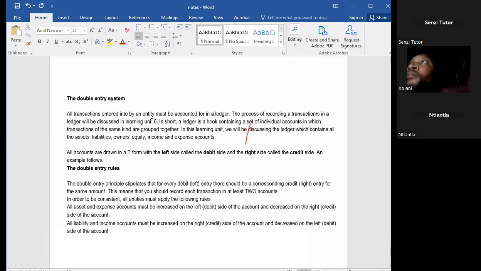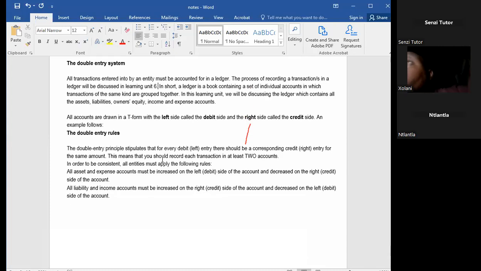In this learning unit, we will be discussing the ledger, which contains all asset, liability, owner's equity, income, and expense accounts. All accounts are drawn in T form, with the left-hand side called the debit side and the right-hand side called the credit side.